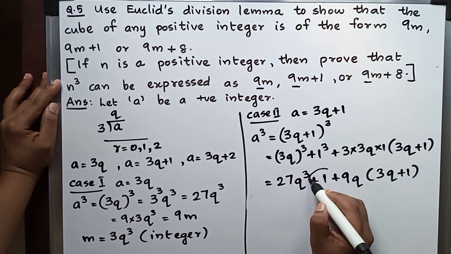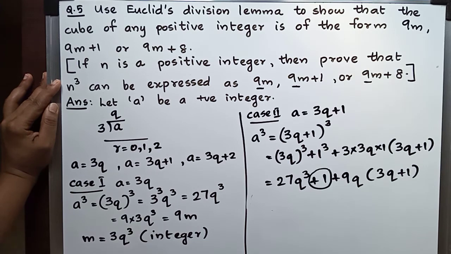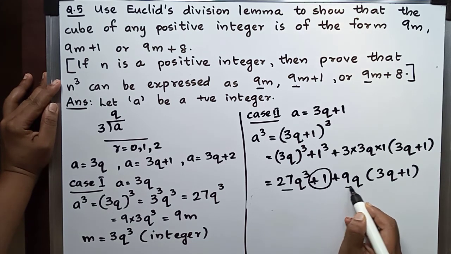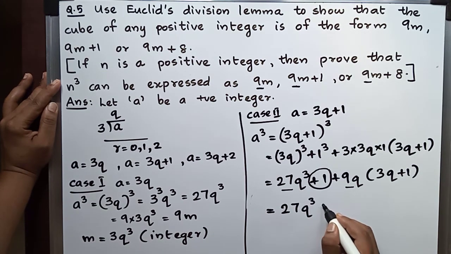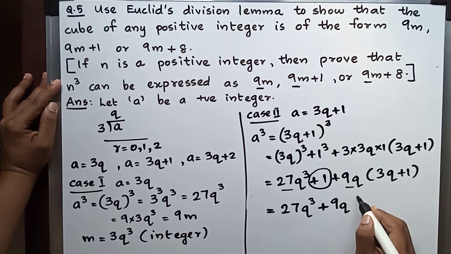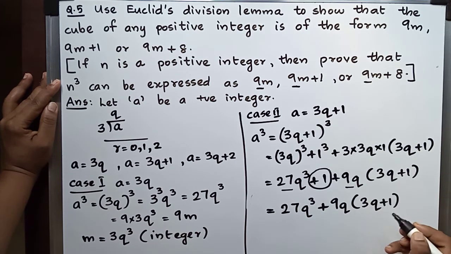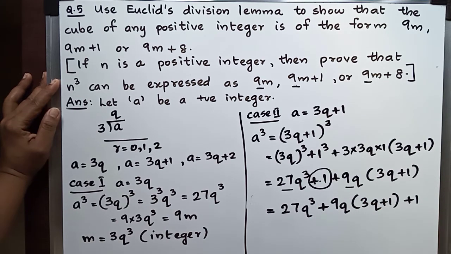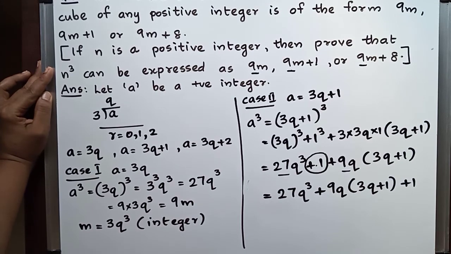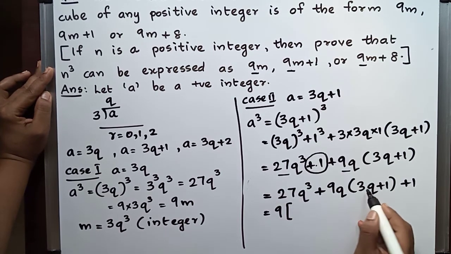Here I got a plus 1 and for the rest of the terms I have a 9 in common. So I'll arrange it like this: 9q into 3q plus 1, then plus 1. Next, I am going to take a 9 outside from these two terms.